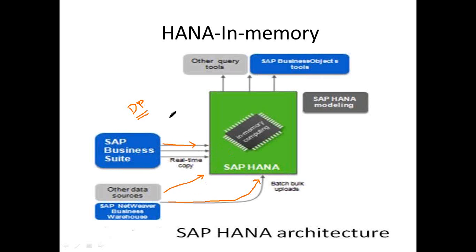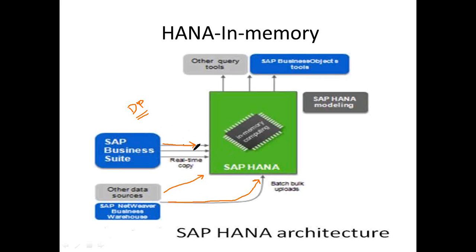There are four major ways you can push data into SAP HANA. One of the most used methods is SLT, SAP's Landscape Transformation Server. The second is Data Services, BODS, Business Objects Data Services. The third is DXC, Direct Extractor Connection, and the fourth is Sybase Replication.